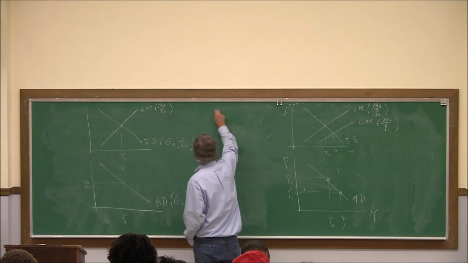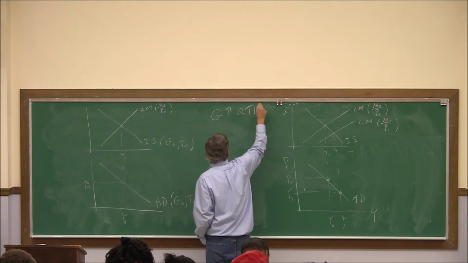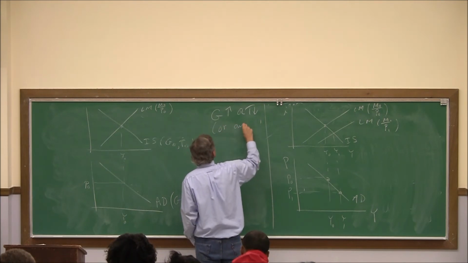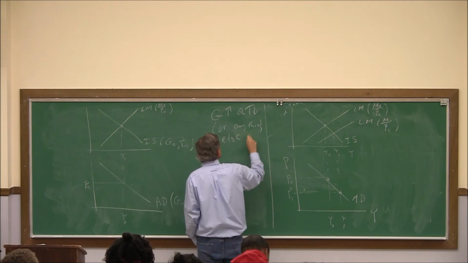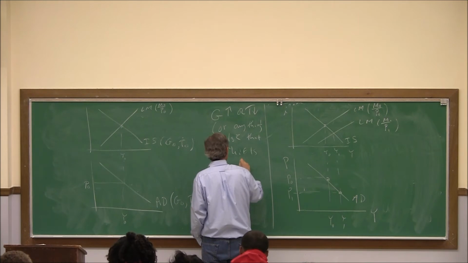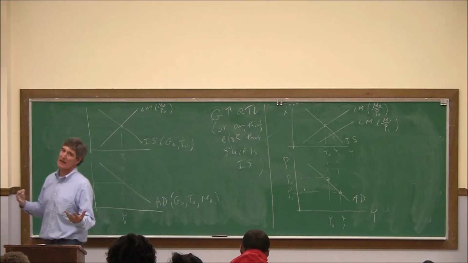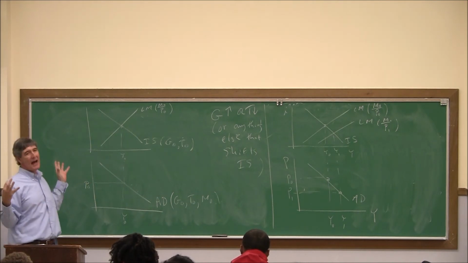So let's do government spending up or taxes falling or anything else that shifts the IS. I'm just going to use government spending as an example of something that shifts the IS, but they all work exactly the same.